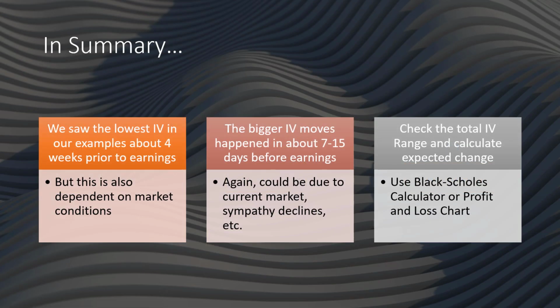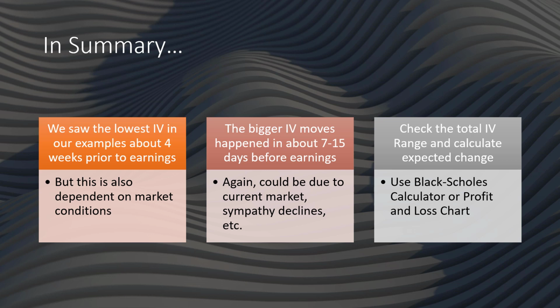So in summary for Scott, in our examples, we saw that the lowest IV was about 4 to 5 weeks prior to the earnings. But that is also dependent on current market conditions and the flux that may happen between that time frame leading up to earnings. We did see the bigger IV moves in a shorter span happen about 7 to 15 days before earnings.